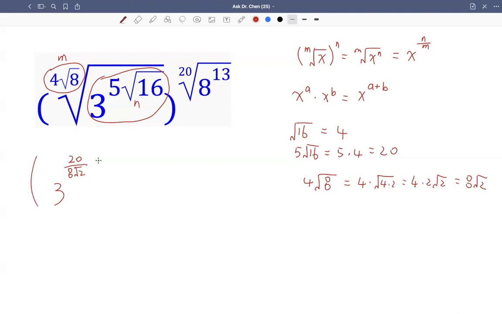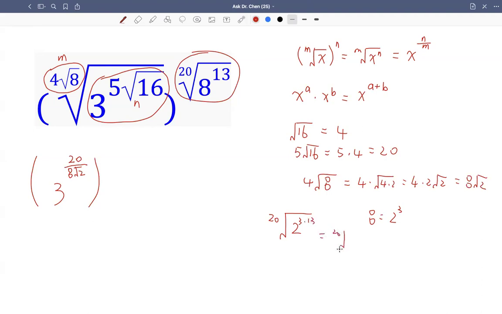Now, everything being raised by this power. Well, let's simplify this power. So the 20th root of 8, we can write as 2 cubed, right? Because 8 equals 2 squared times 2, which is 2 cubed. So we can write it as 2 cubed. Then raised by 13, which is multiply.